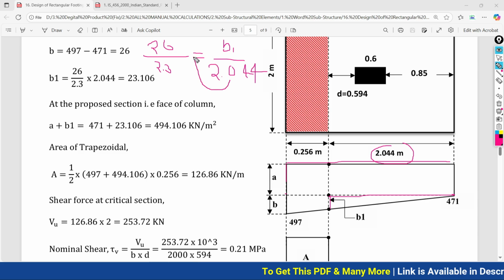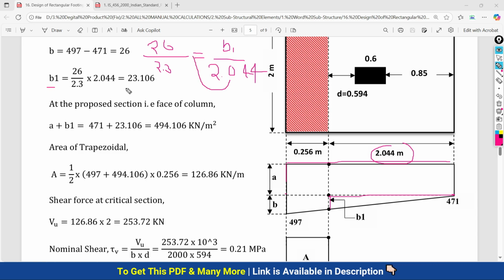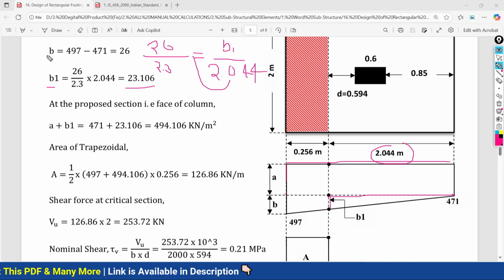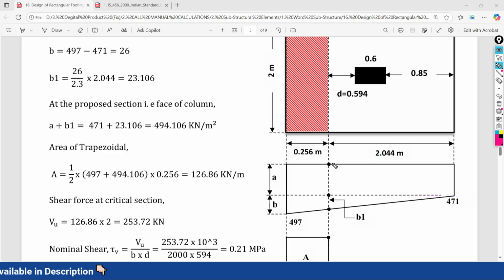Now this value will come on this side, and finally we have our B1 value, 23.106. Adding this B1 and A together, we will have the final intensity at our proposed section, that is nothing but 494.106 kilonewton per meter square, because it is the upward soil pressure.